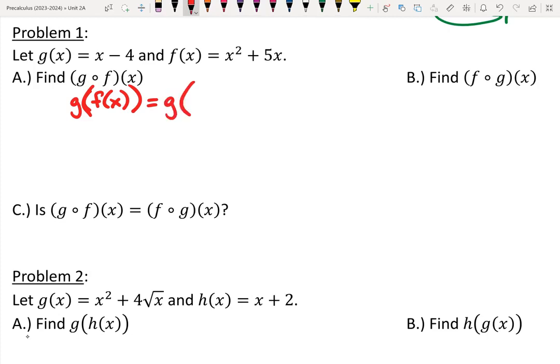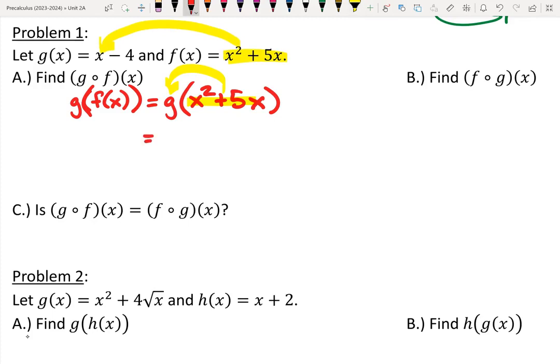Ellie, what is my function f? What do they give us? Squared plus 5x. So x squared plus 5x is going to be plugged into g. So whatever my f is now being plugged in to where I see x in my function g. g was x minus 4.